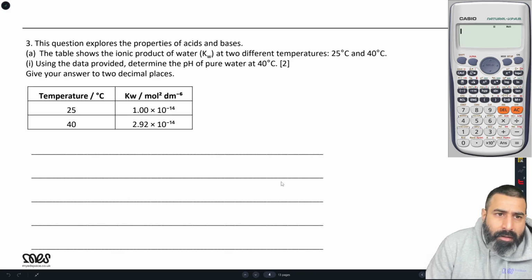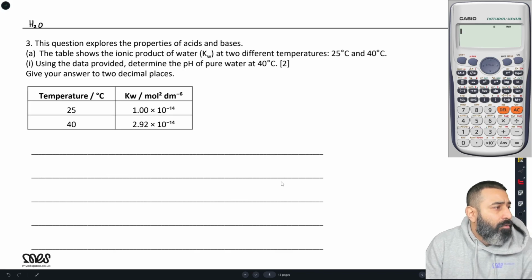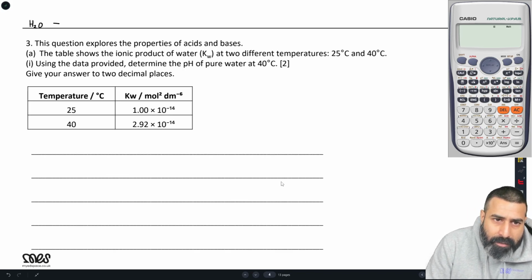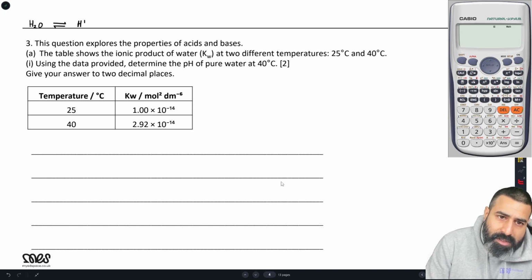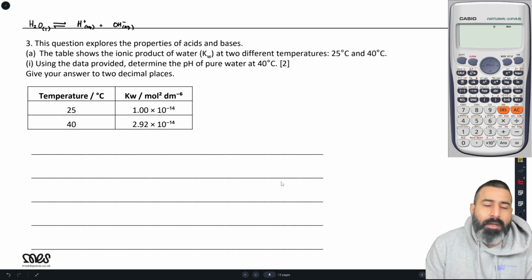So first let's look at the auto-ionization of water. So we know that pure water doesn't really exist, and to a very small extent some water dissociates into H plus and OH minus ions.